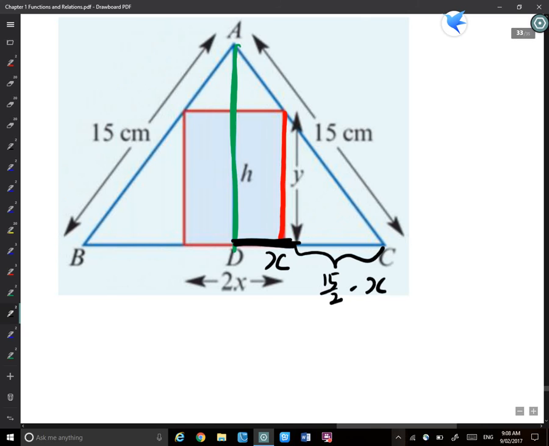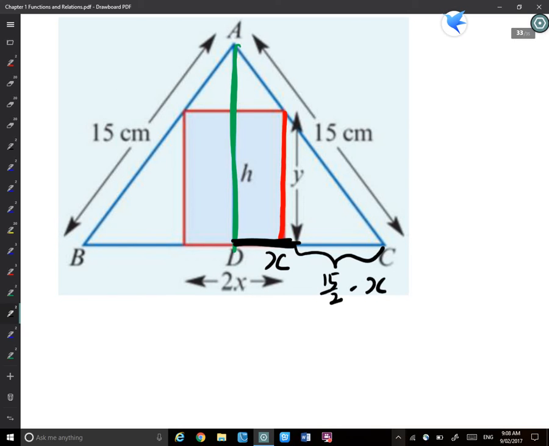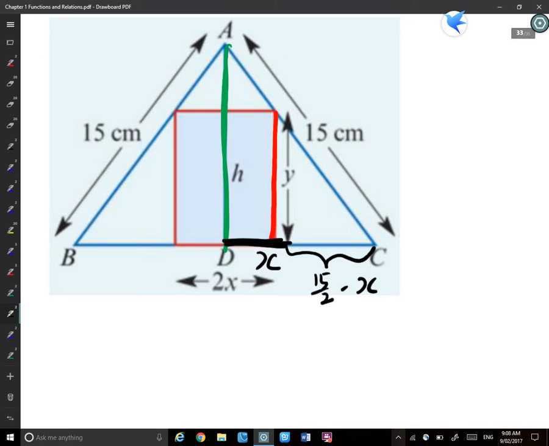Do you agree with that? 15 on 2 minus x, because it is half of the base minus half of the length of the rectangle. From the point C to D, that's half of the base, which is 15 on 2, and you minus the x, which is what has been left. So it's 15 on 2 minus x.